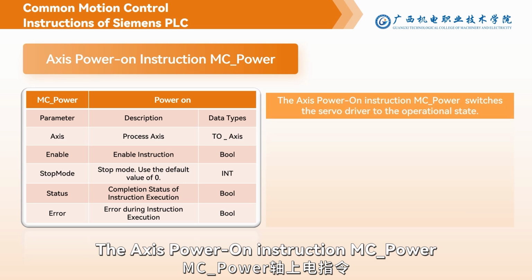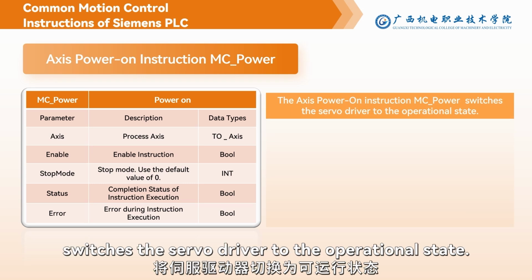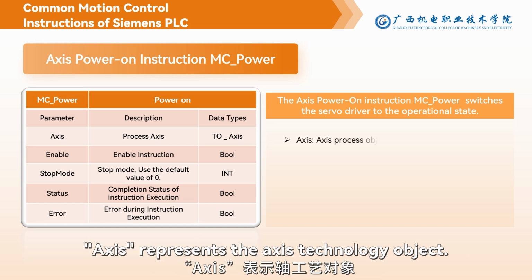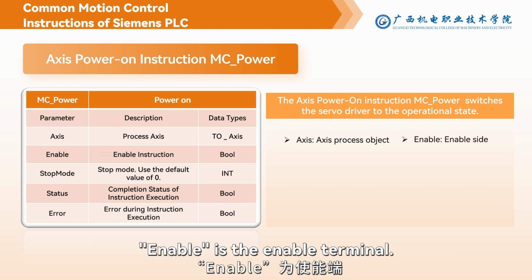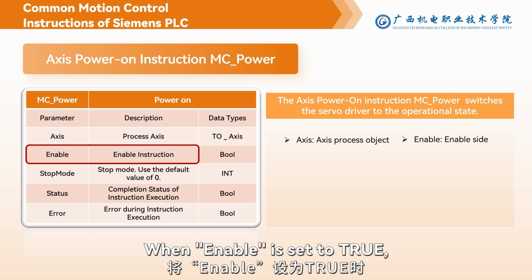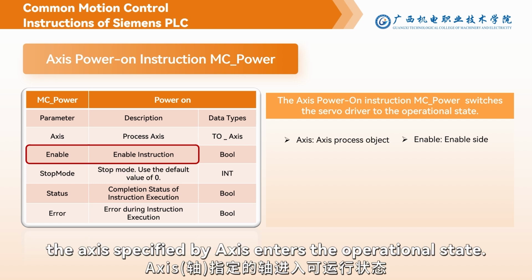The axis power on instruction, MC power, switches the servo driver to the operation state. Axis represents the axis technology object. Enable is the enable terminal. When enable is set to true, the axis specified by axis enters the operation state.